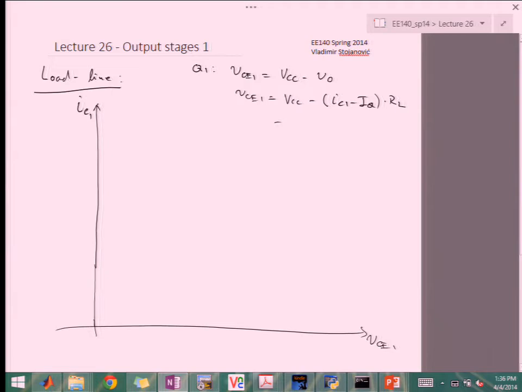So now we have VCC plus IQ·RL minus IC·RL. So we have a relationship between these two axes, IC1 and VC1. And the slope here is minus RL.